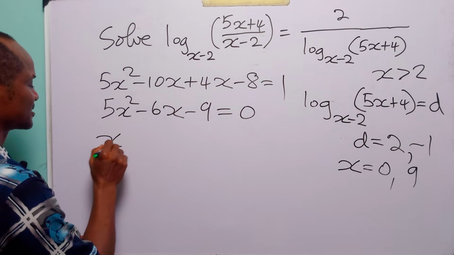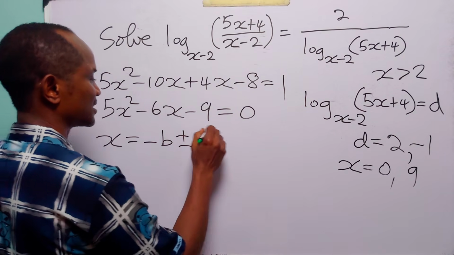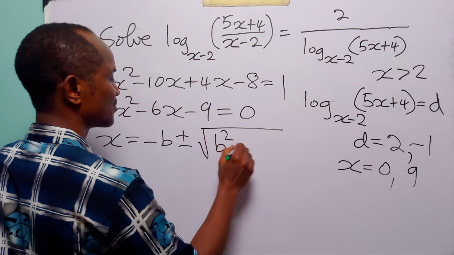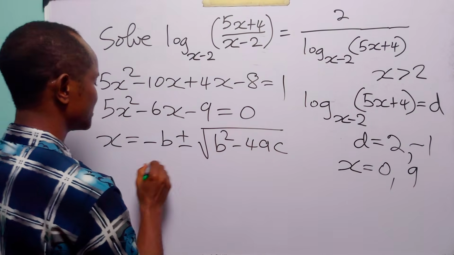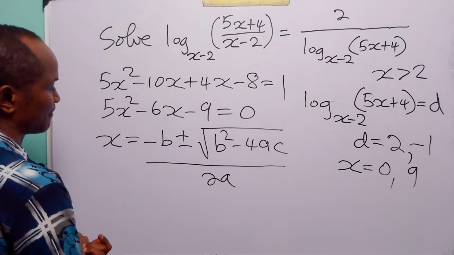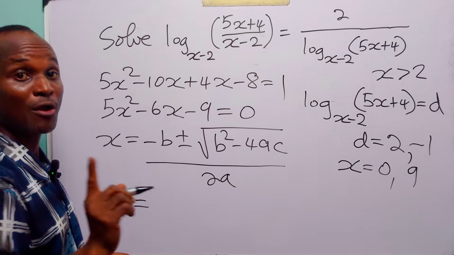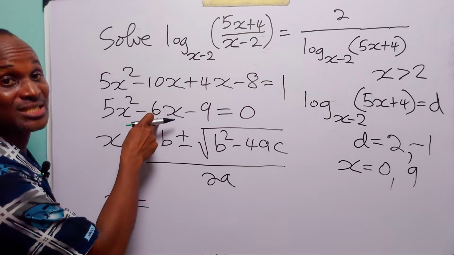So we have that x is equal to minus b plus or minus the square root of b squared minus 4ac all divided by 2a. x is equal to minus b, but b is minus 6.